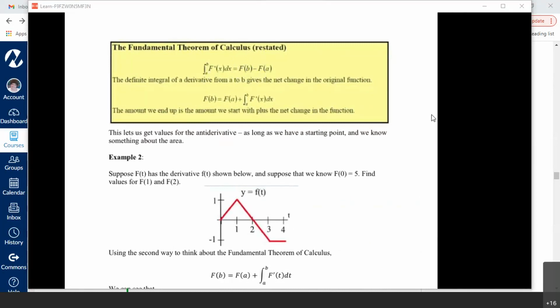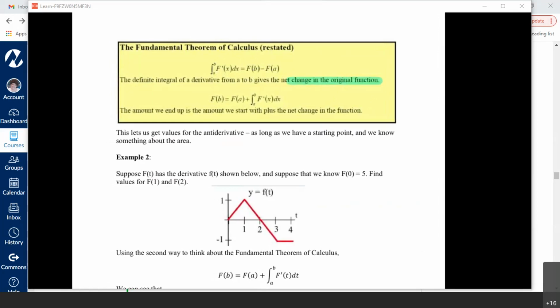What's important in the discussion here is it gives the net change in the original function. So another way to do this is to solve this equation for f of b, which is another way of saying the amount you end up with is what you start with plus the net change as you go along. This is just another way to show you how it works. All they did here was to solve this equation for f of b. How they did that, they added f of a over here, and now it's in front of the integral sign.